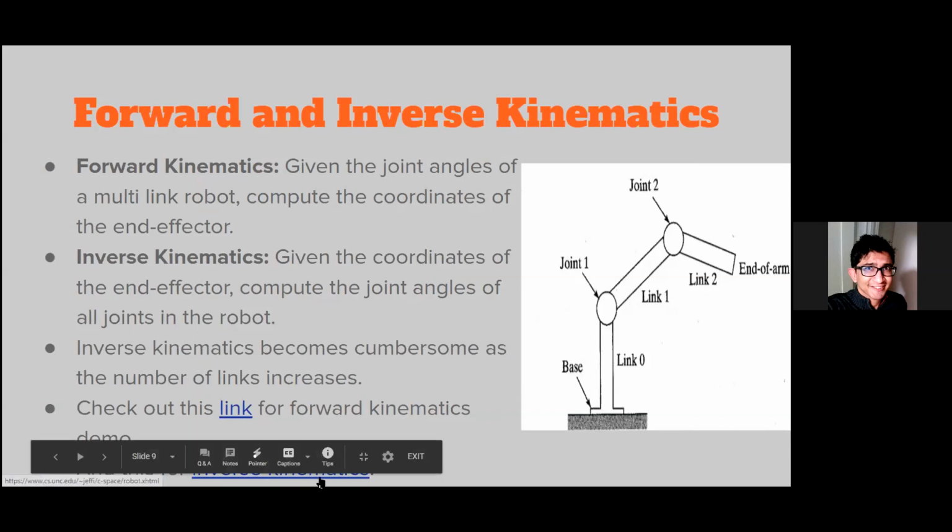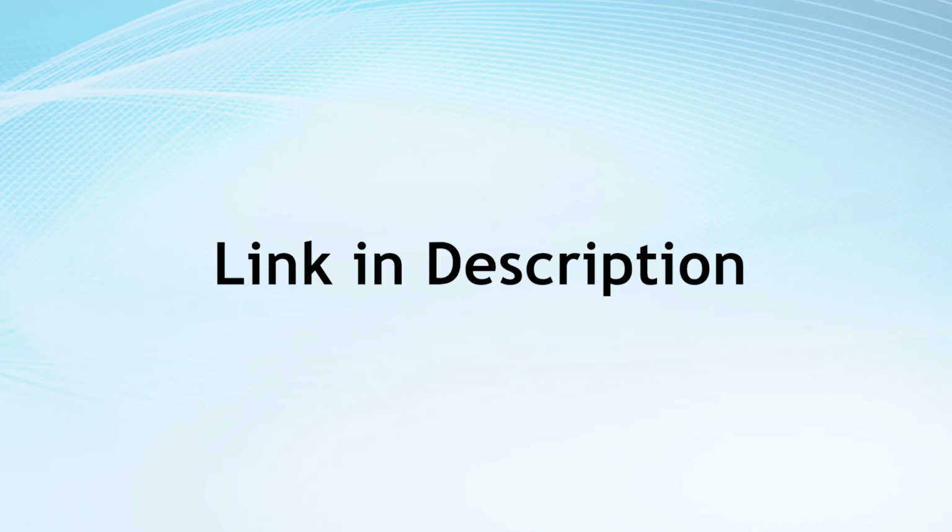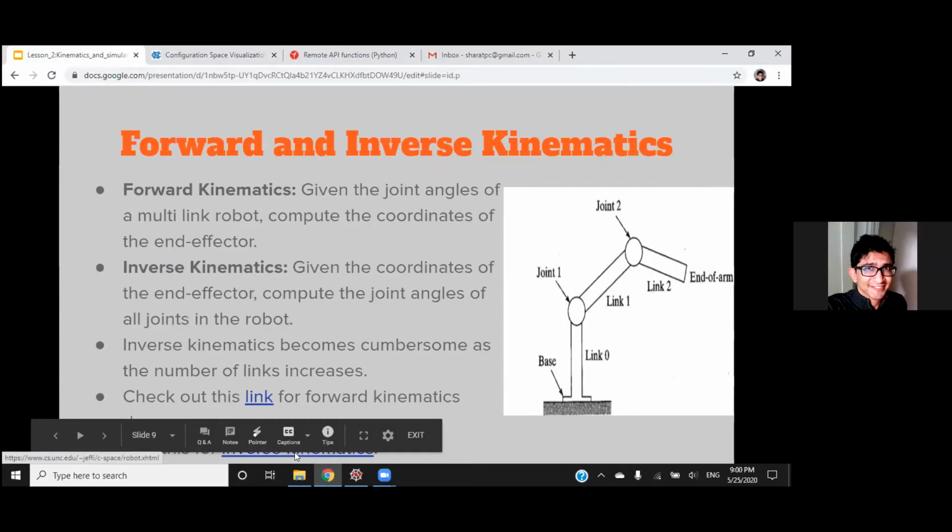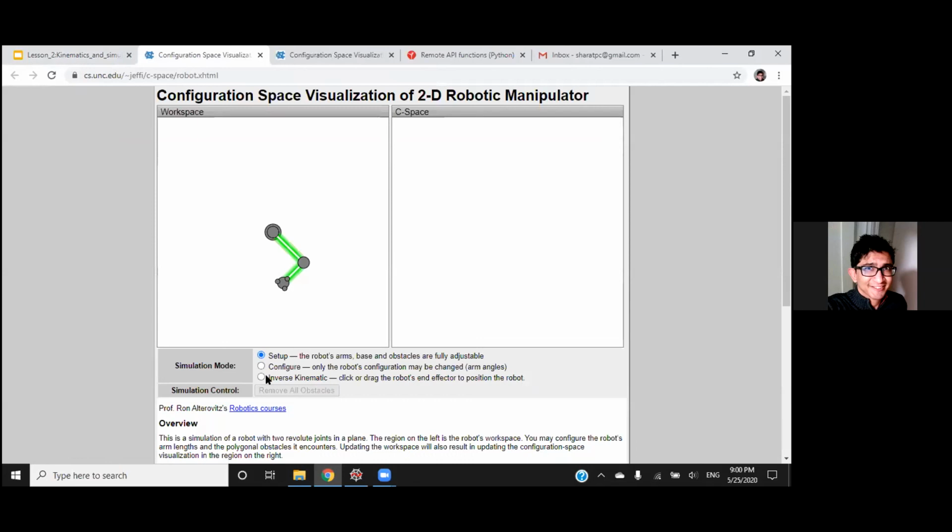There's a small link that I would like to show you. A GUI that shows you how inverse kinematics works in a sort of intuitive way. So, oops, okay. Just click on inverse kinematics here, and you have your workspace and your C space. You can recall from the definitions of what they are in the previous slides. So let's see what this inverse kinematics is all about. If I click on this point right here, you can see what the robot did, right?